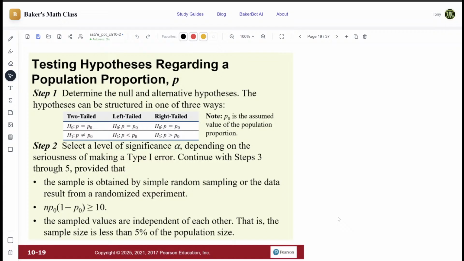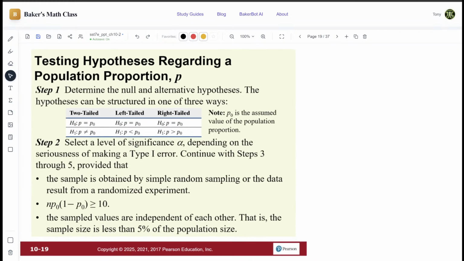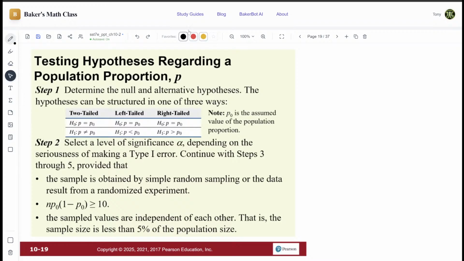Step 2, you need to know what level of significance you're going to test at. In the vast majority of cases, not every case, just the vast majority of them, the alpha will be 0.10, 0.05, or 0.01.